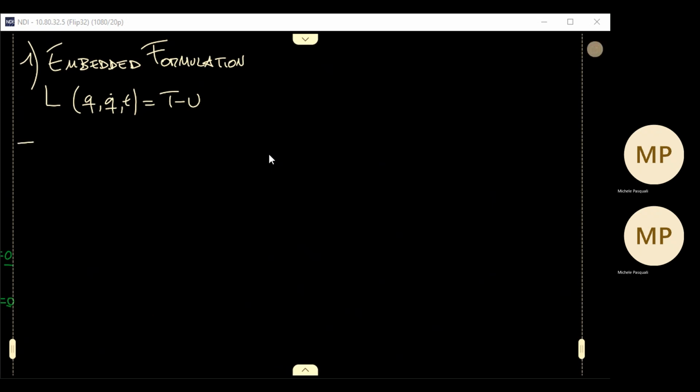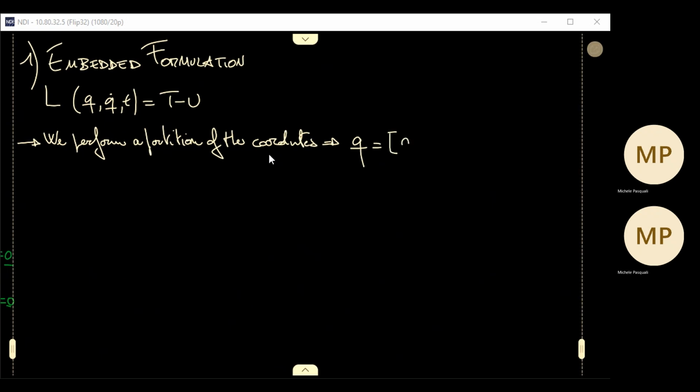We perform the partition of the coordinates. This means that our Q, the column vector of generalized coordinates, becomes Qi, and then you have a Qd, okay, transposed.